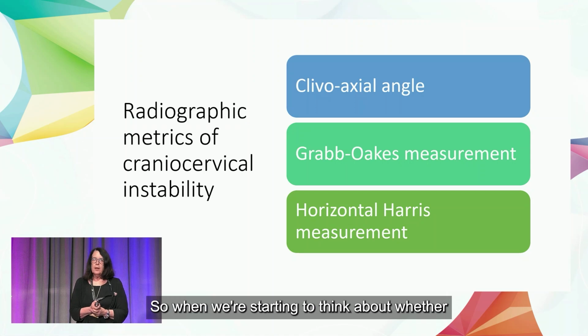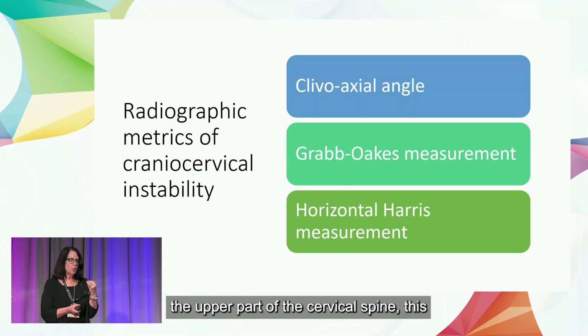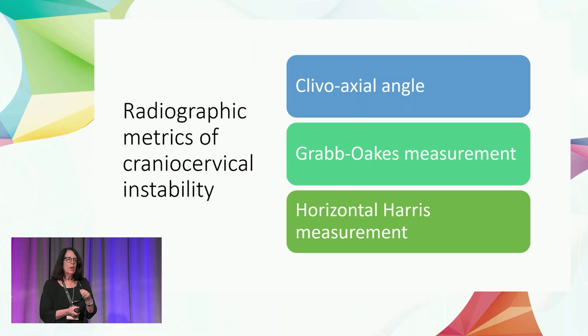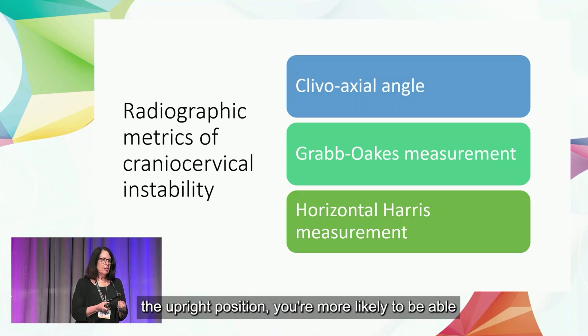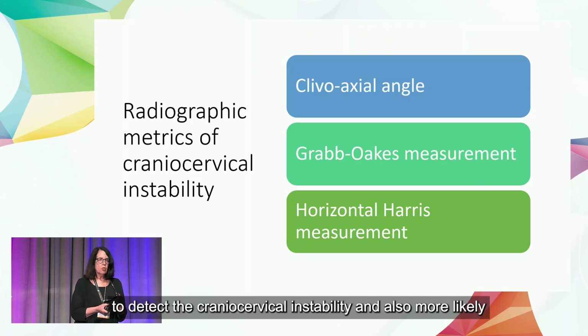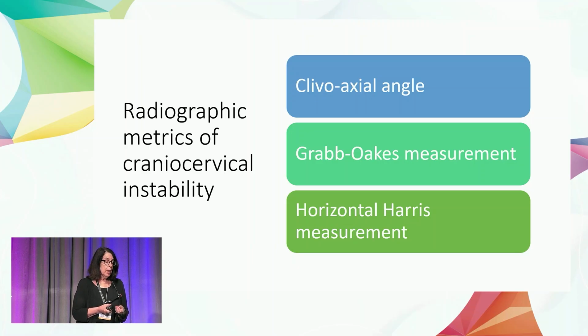So when we're starting to think about whether there might be instability between the skull and the upper part of the cervical spine, this is what we call craniocervical instability, we know now that if you do MRIs in the upright position, you're more likely to be able to detect the craniocervical instability and also more likely to be able to detect a Chiari malformation.